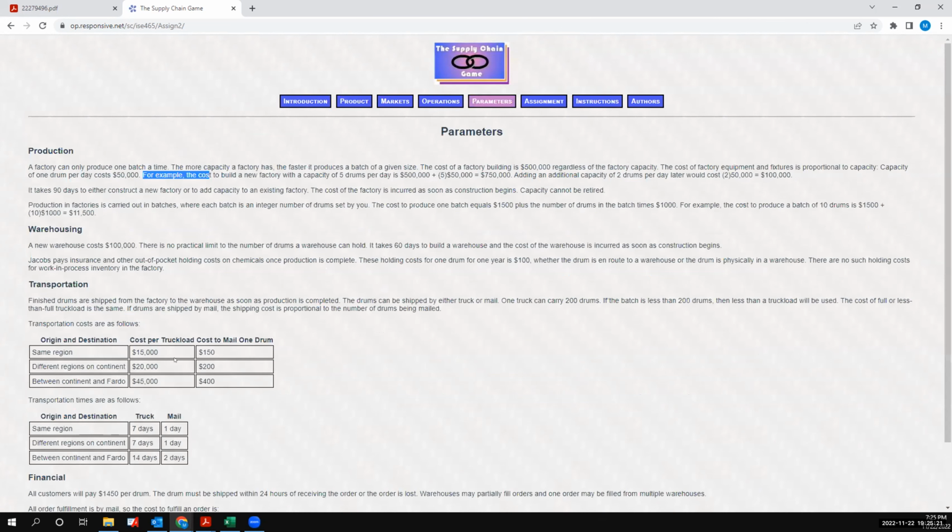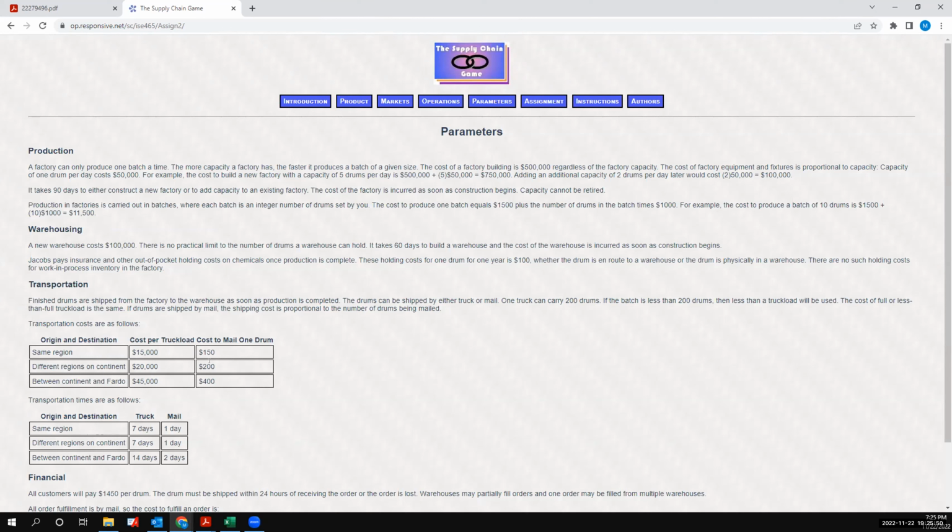Here, when you look at different regions on the continent, let's say from Calepia to Antwerp, it's $20,000. So if you cross a land border, it's $20,000, and the mail is $200. Now, between the continent and Fardo, both ways, it's $45,000, and the mail is $400.